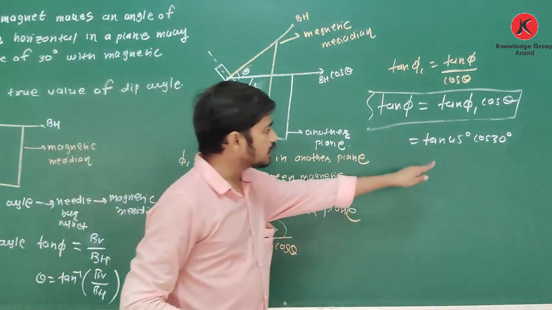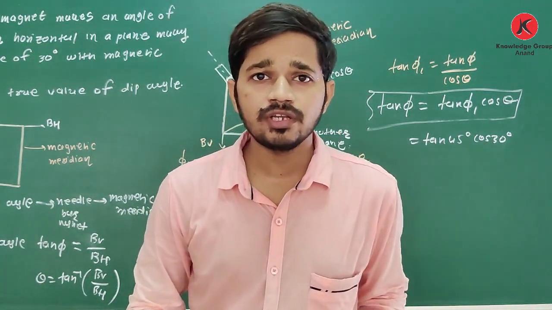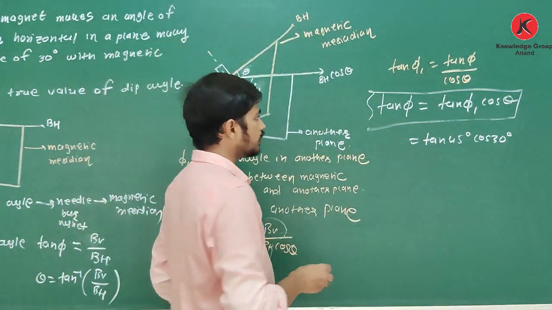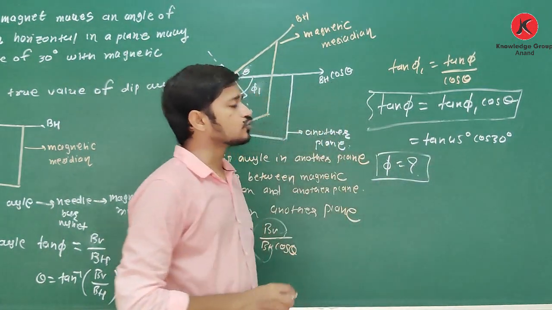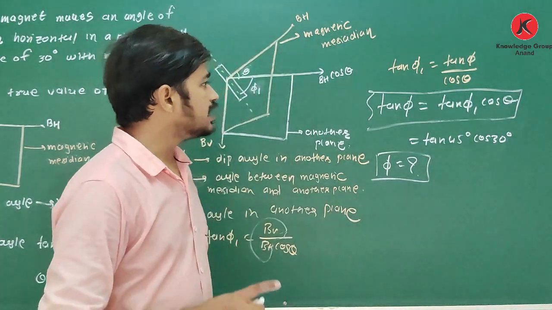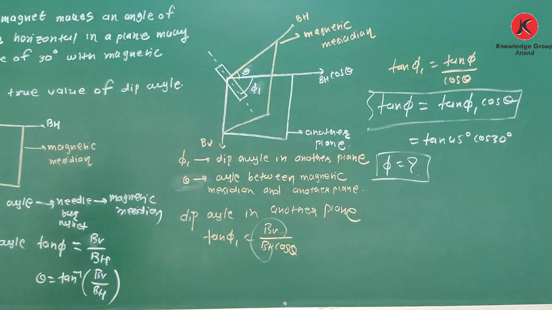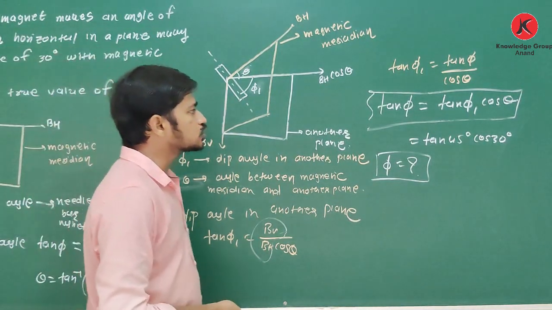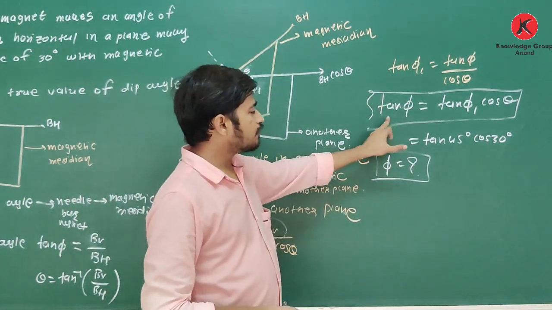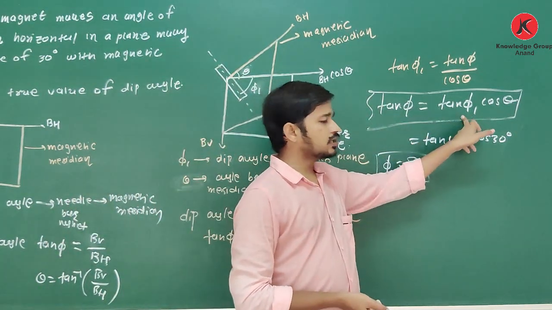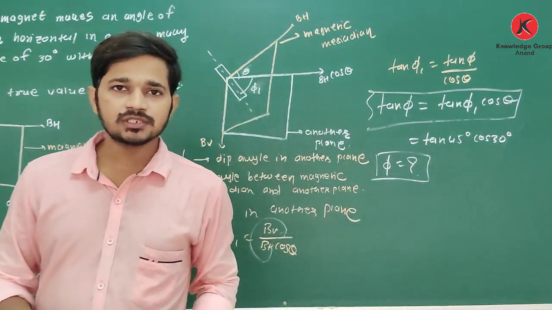You know their values, so you can easily find the value of phi, that is the true dip angle. So this is one question based on the true dip angle. This equation you have to remember.